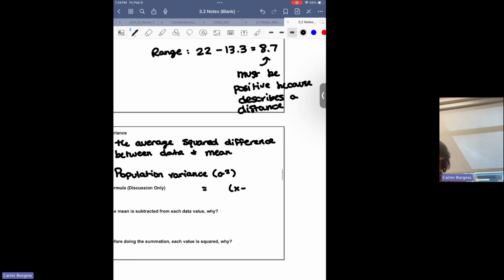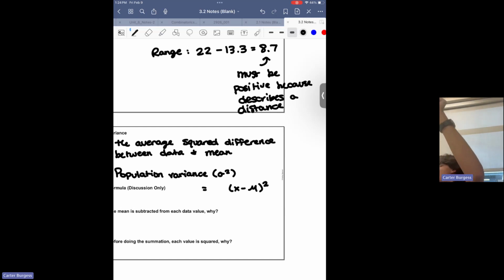X bar would be sample. Mu is what we're going to use to represent the mean here. Am I just looking at the difference? What do I need to do with this? We have to square it. Why do we square it? Guarantees that it's positive. That's all we need to worry about there.